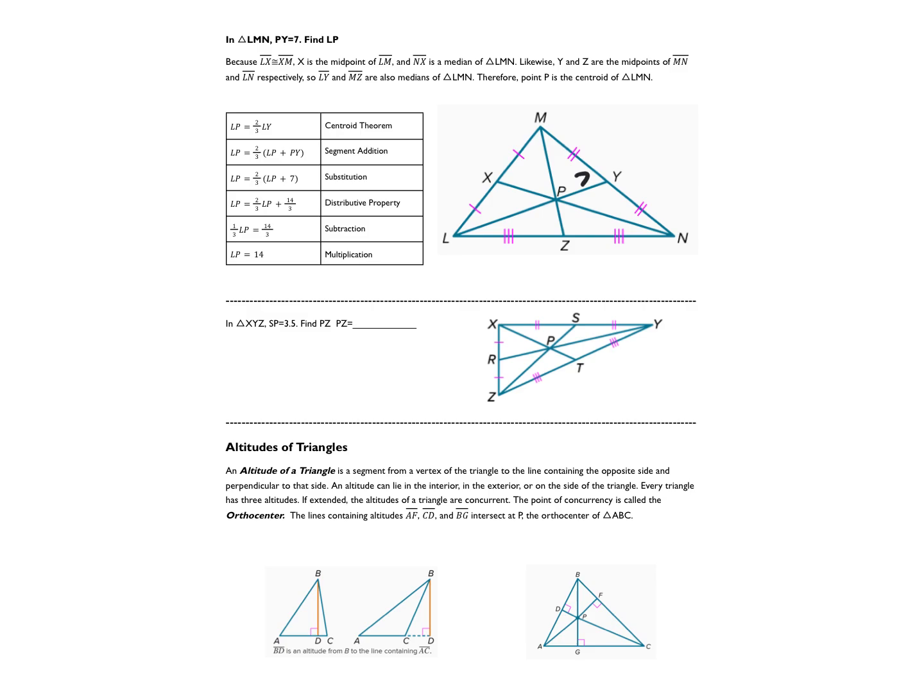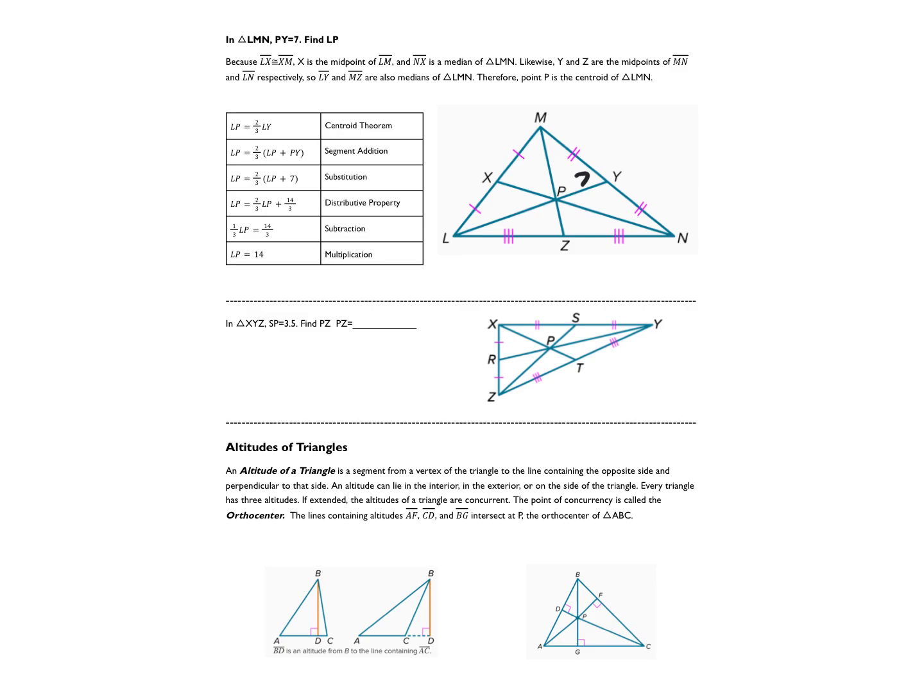And NX is a median because it goes from a vertex to a midpoint. Likewise, Y and Z are the midpoints of MN and LN, respectively. So segment LY is a median, and so is segment MZ. And therefore, point P is the centroid. So the centroid is where the medians intersect, and point P is the centroid.